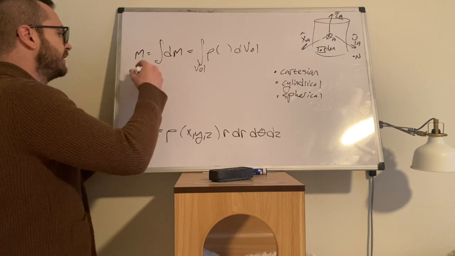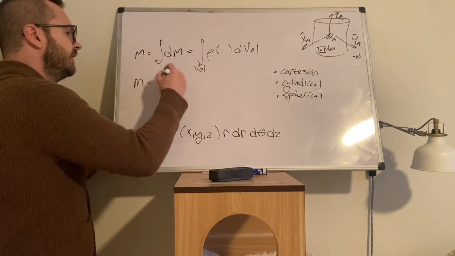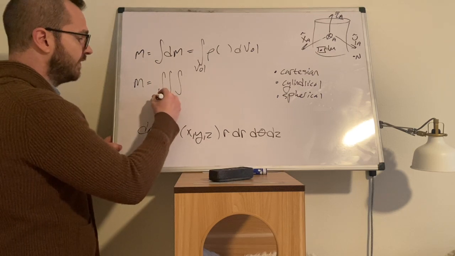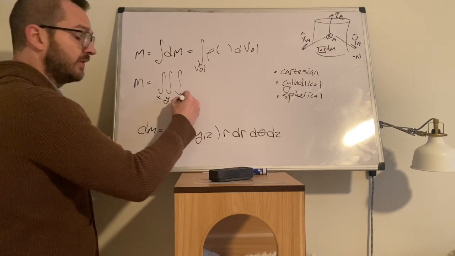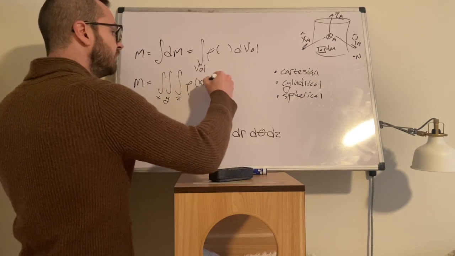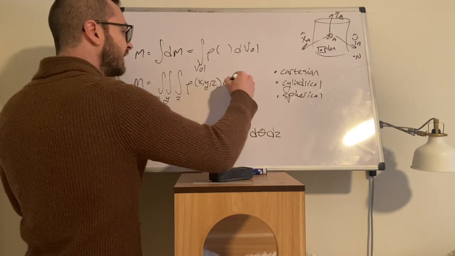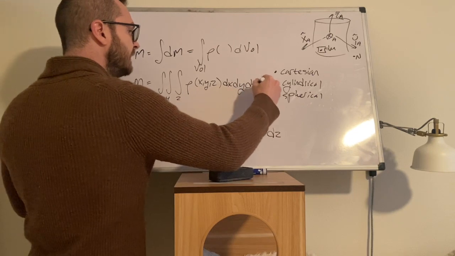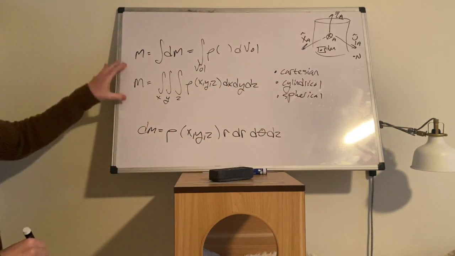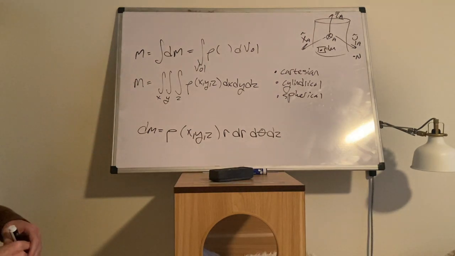For example, if we're using Cartesian, then this is the triple integral with some bounds on x, some bounds on y, some bounds on z of that density times dx, dy, dz. All right. So we've got these working definitions now for calculating the mass.